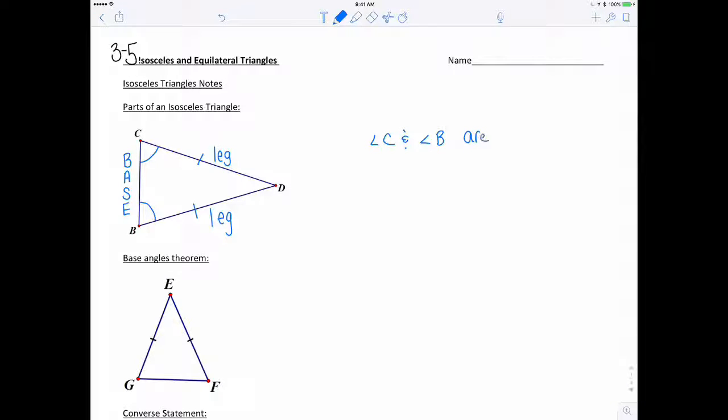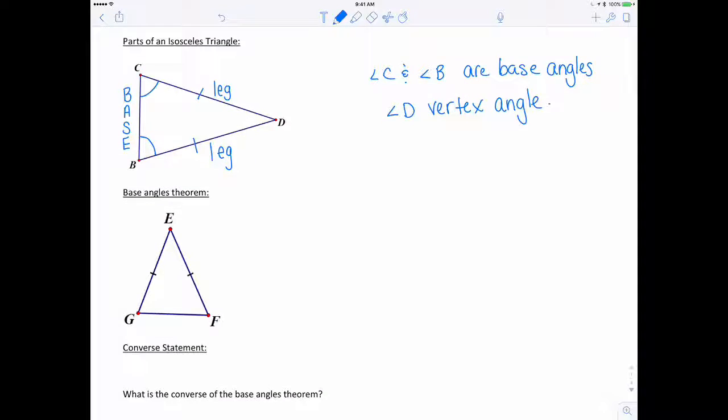You can identify them by first finding the base, and then on either end of the base is a vertex for a base angle. And then angle D is called the vertex angle. Alright, so those are the special parts for an isosceles triangle.